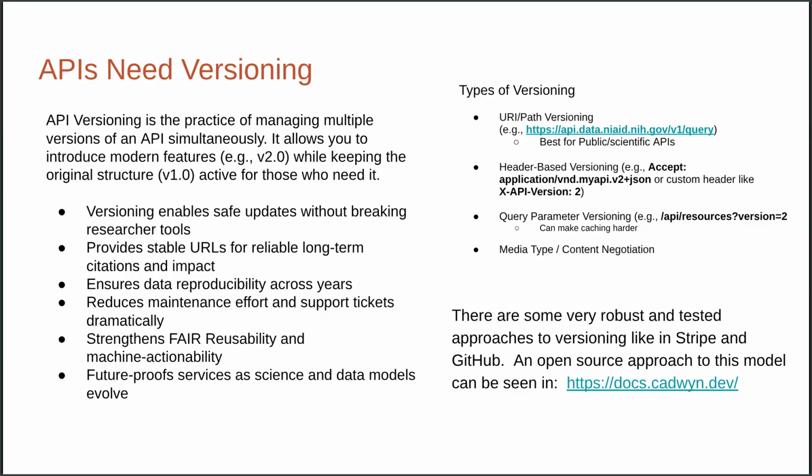So there are some types of versioning that we can look at, right? Where we put things like V1. So this is the Discovery Portal API here, with V1 in the query string like this. This is nice because then as we move to something like a V2 or a V3, we can have that persistence occurring inside there.